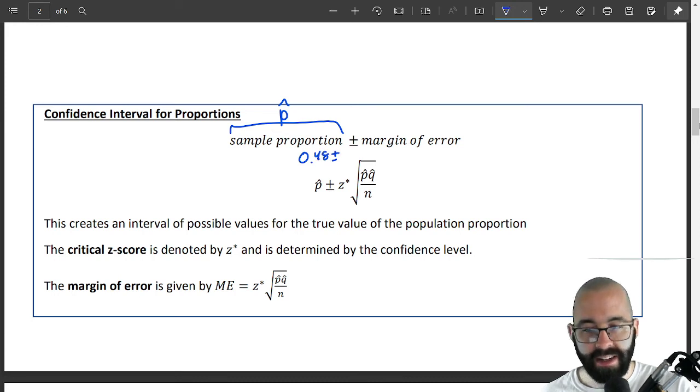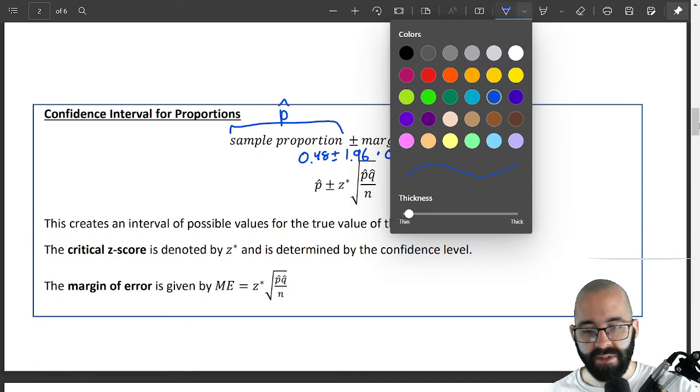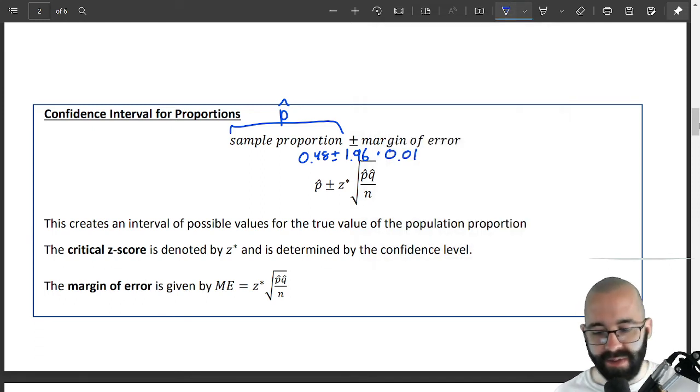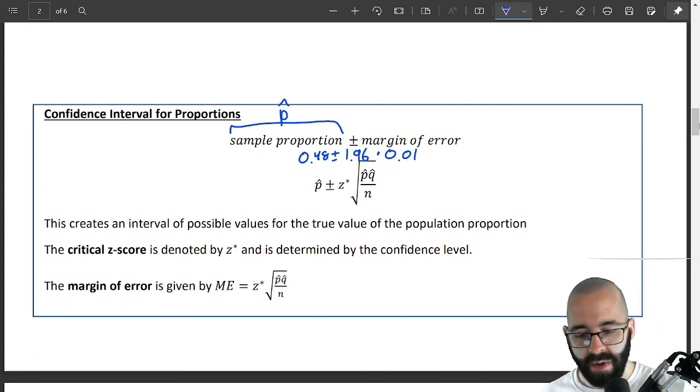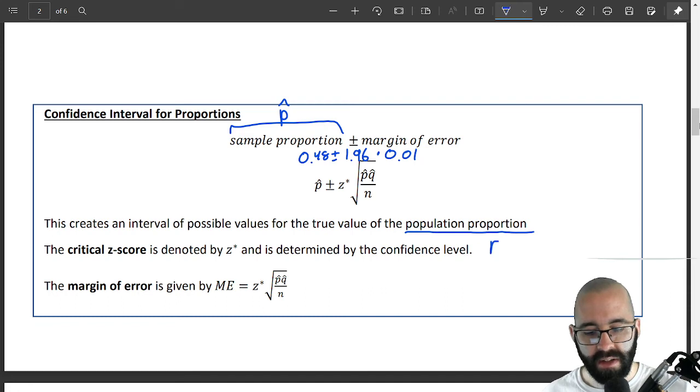It was plus or minus because we had one of each. In the last example, our z-star was 1.96. And then that standard error was 0.01. You can see the correlation with this definition and what we accidentally used. It wasn't an accident. But this creates an interval of possible values for the true value of the population proportion.